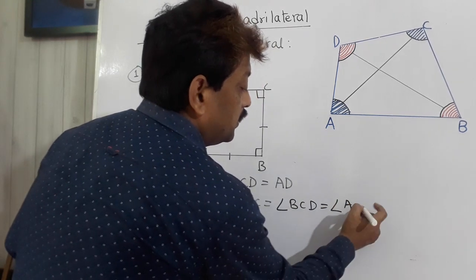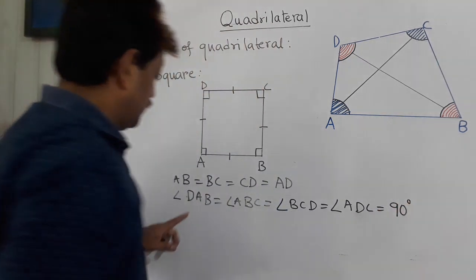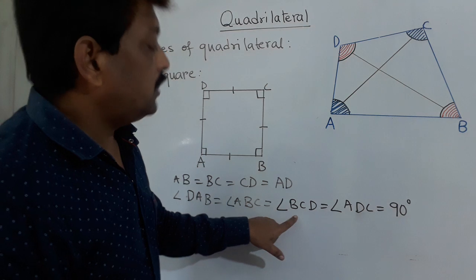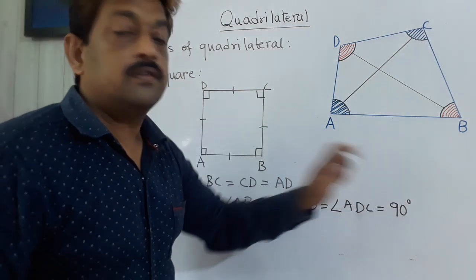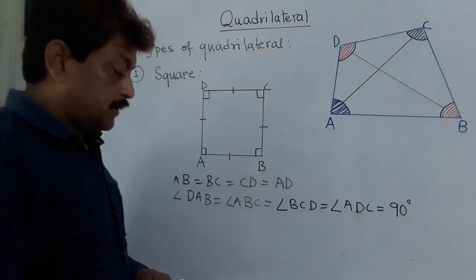All are equal and they are equal to 90 degrees. DAB, ABC, BCD, ADC, all four angles are equal to 90 degrees. So this is also a quadrilateral.